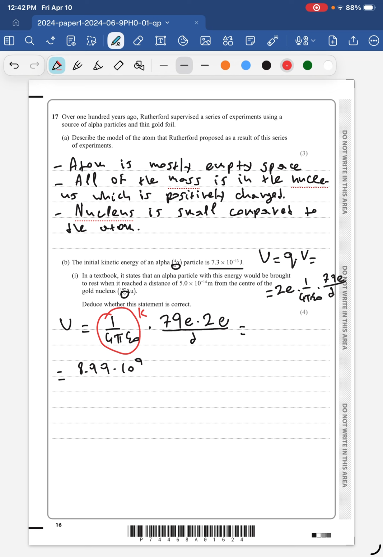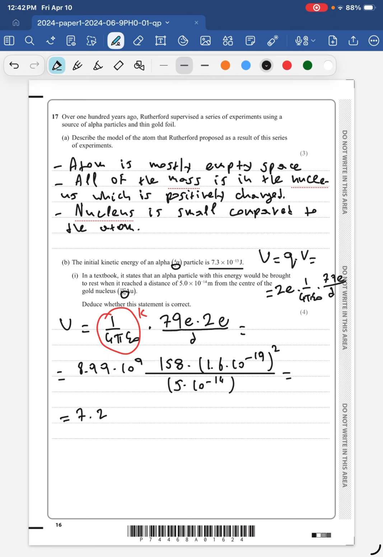Now, 79 times 2 is 158, and then we have 1.6 times 10 to the negative 19, which is the charge of one electron, and we have to square it because we are multiplying, and then over 5 times 10 to the negative 14 meters, which is given to us.